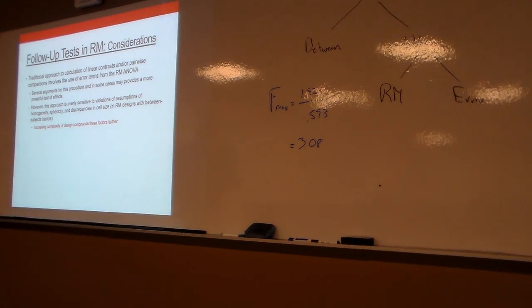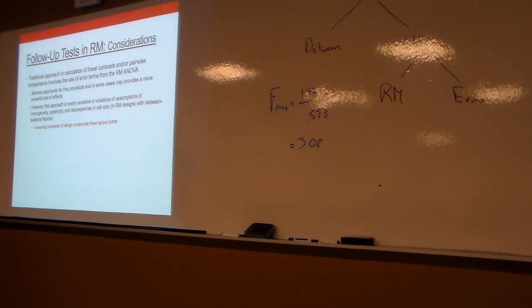All right. Thinking about the problem with, as we talked about before, some traditional methods of testing and running our contrasts and things along these lines. If you get into the nuts and bolts of some experimental design, a lot of this is built on pulling error terms from your overall ANOVA table.